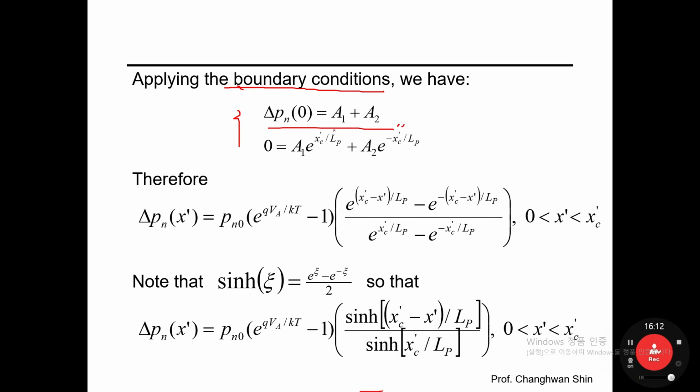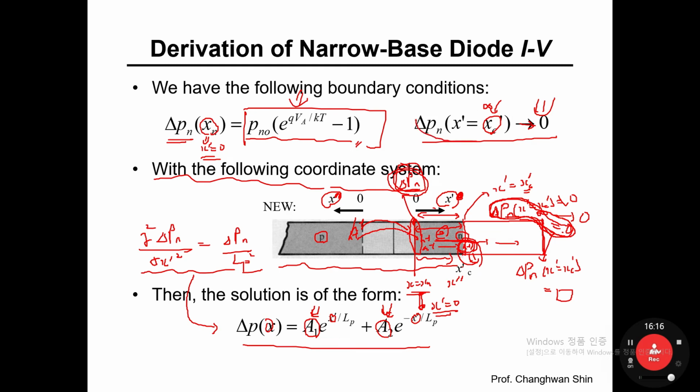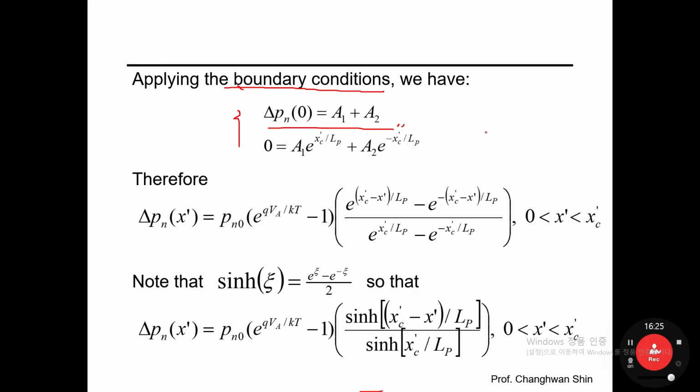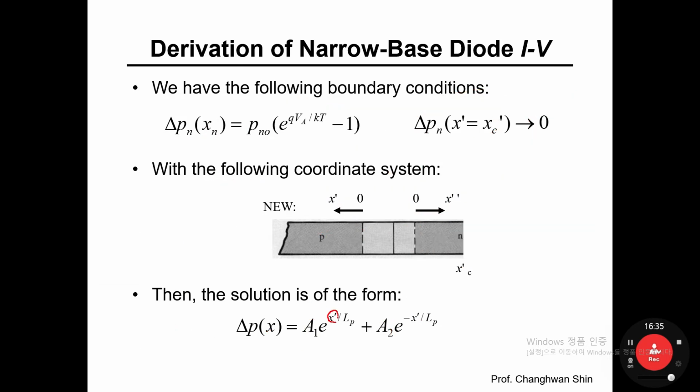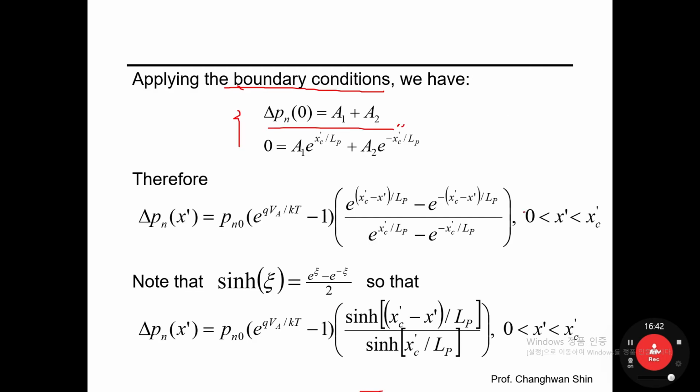And the second one is obtained from using this boundary condition. So you should plug in xc prime in the place of x prime. Okay, so here, instead of x prime, plug in xc prime. Then you're gonna get this equation.